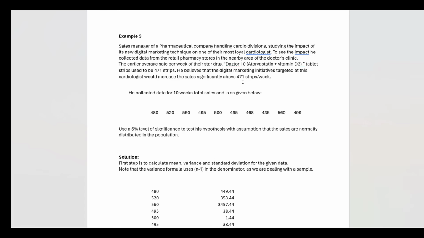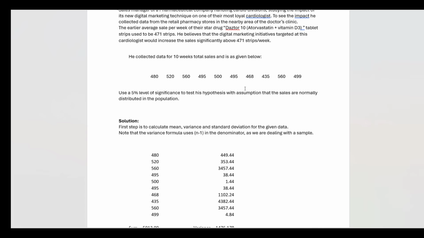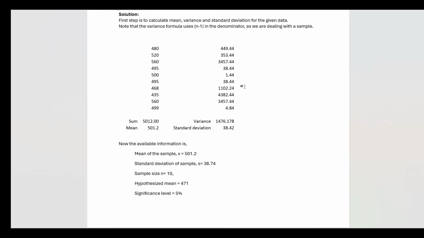Right, now let us first look at the information. This is the data collected for 10 weeks, and if this is your x, your mean will be 501.2, and then for variance you will have to calculate x minus mean the whole square, which is here.